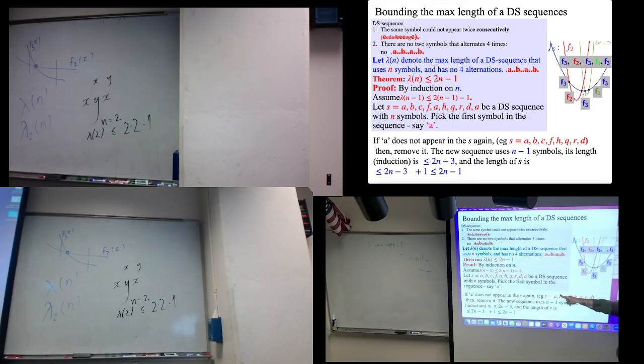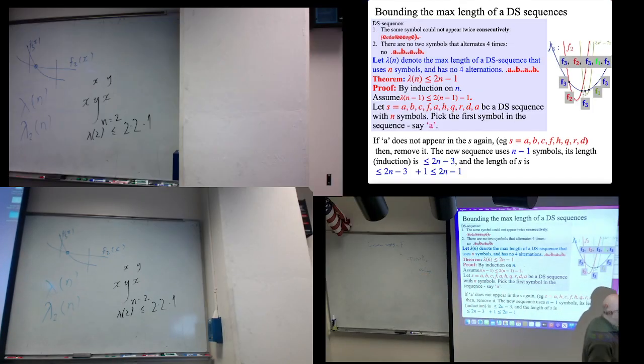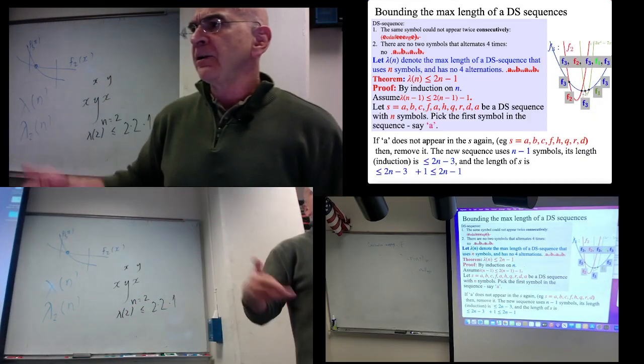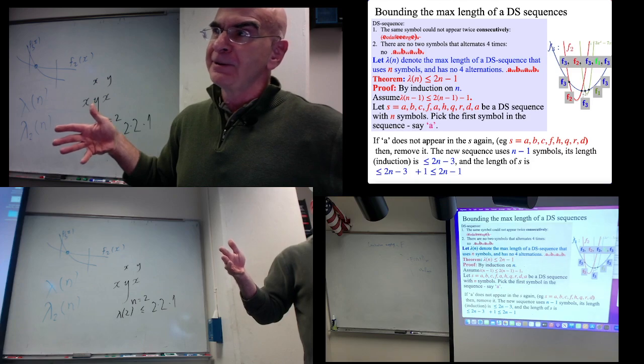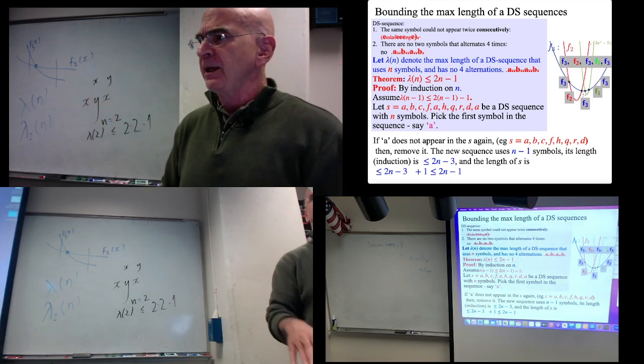The length of everything over here was 2 times n minus 1, minus 1, that is 2n minus 3. And I'm adding the A back at the end. It still all holds. It's still less than 2n minus 1. Make sense? I remove the A, and my sequence has n minus 1 symbols. Again, I'm under the assumption that A appeared only at the beginning. That's an easy case.